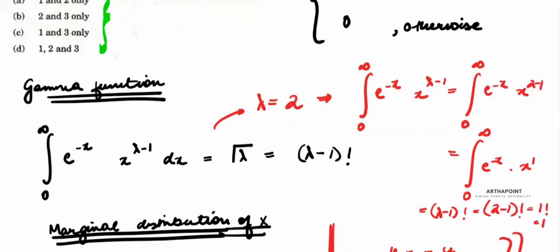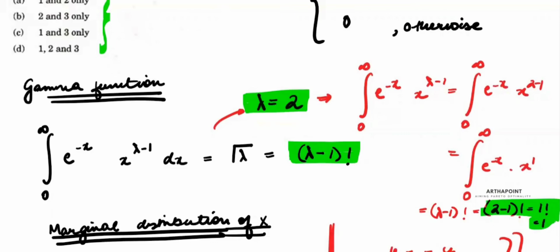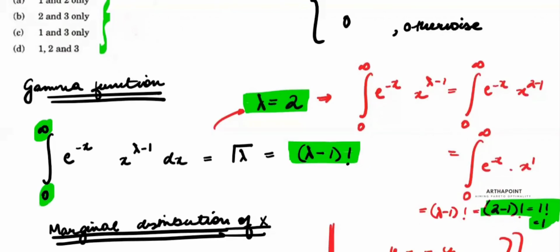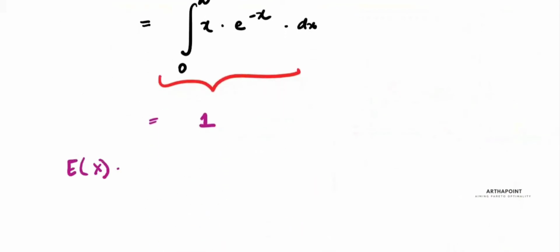The limits are also 0 to infinity, so it is holding true. Therefore the expected value of x is 1. This is a true statement.